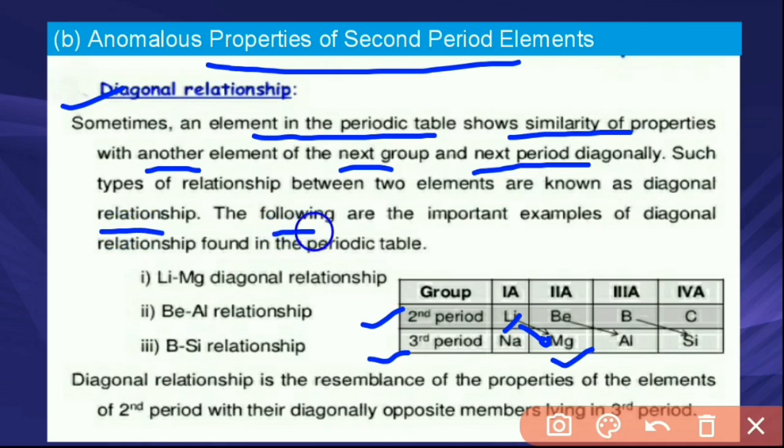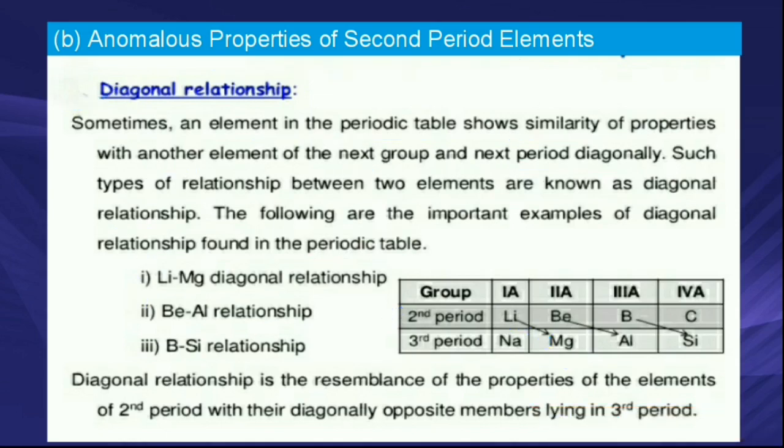And the following are important examples of diagonal relationships found in the periodic table. First, lithium and magnesium diagonal relationship. Then second is beryllium and aluminum diagonal relationship, and third is boron and silicon diagonal relationship.